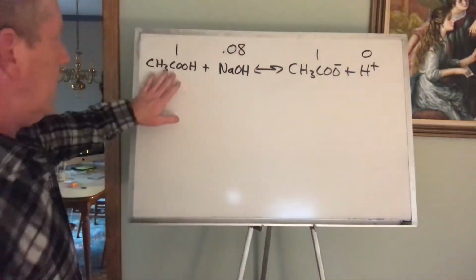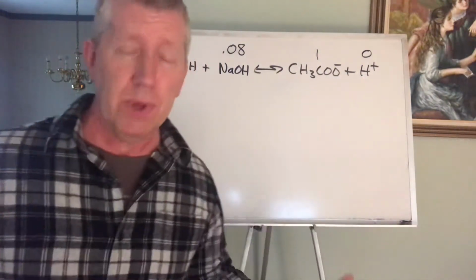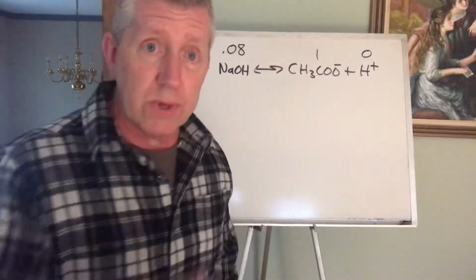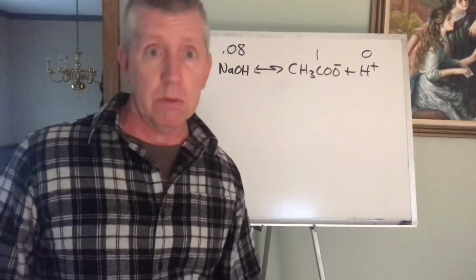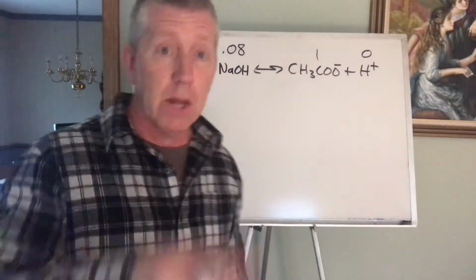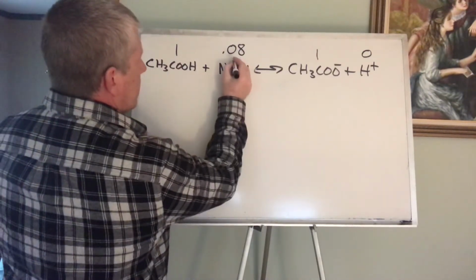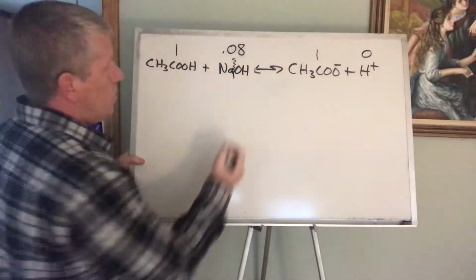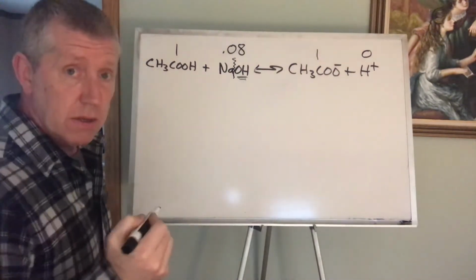So here's what we had. We had a nice, happy equilibrium system. And then you decide to dump in this base. Deal with that, buffer. What do you got now? Buffer goes, here's what I got. Okay, so you put this into solution. This breaks apart. You get 0.08 hydroxide.